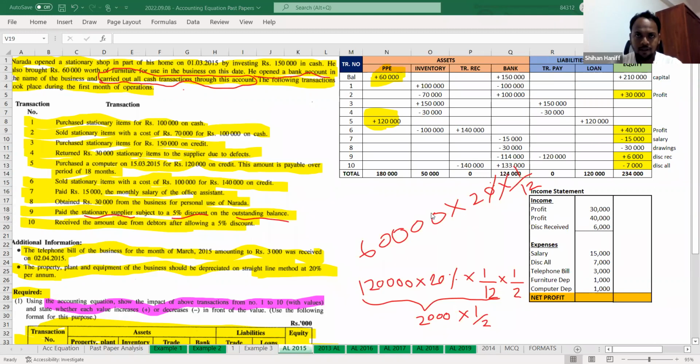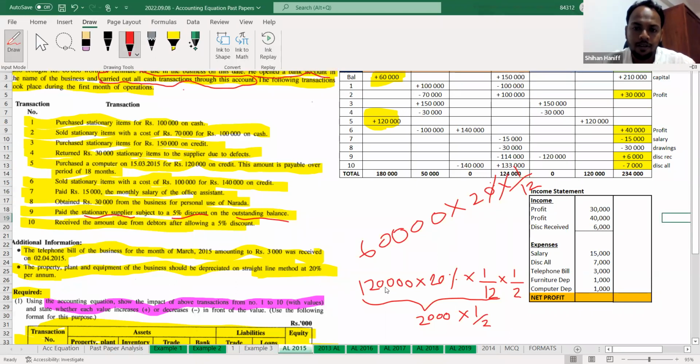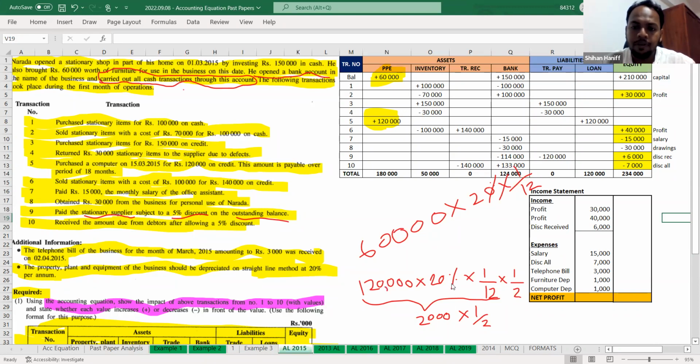Here, did we get the quarterly value for computer? No, we didn't get the quarterly value. We got monthly depreciation. 120,000 is the cost. So 20% is annual depreciation. If you divide that by 12, monthly depreciation. And if you take half, it is for 15 days.